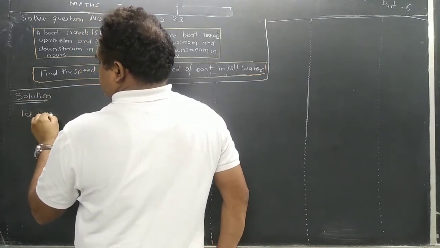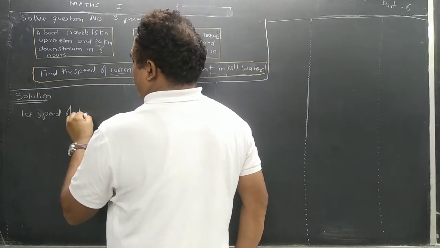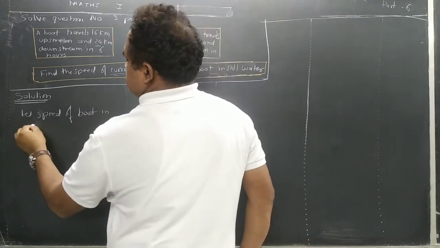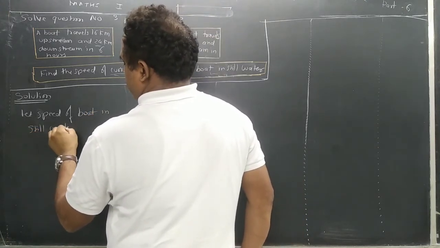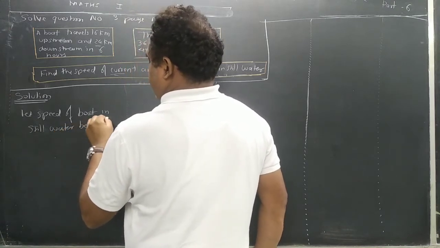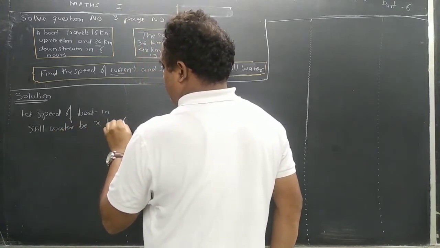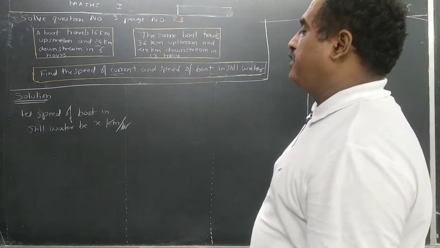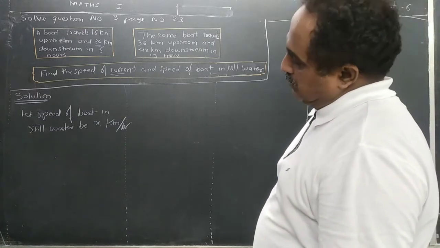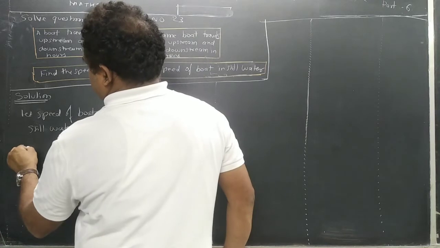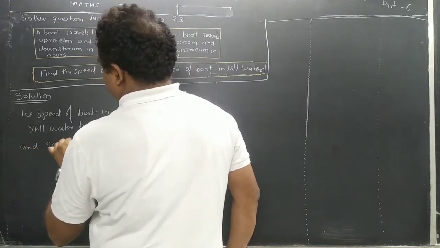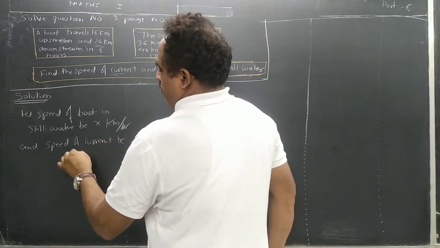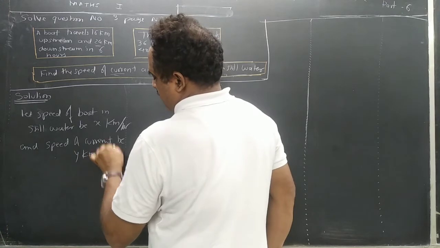Let the speed of the boat in still water be x kilometer per hour, and the speed of the current of the river be y kilometer per hour.